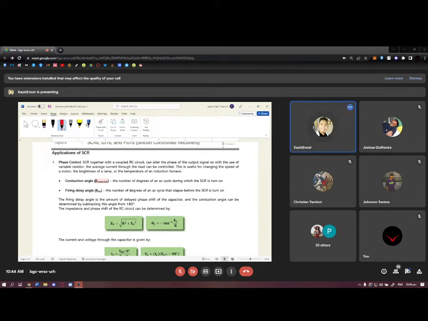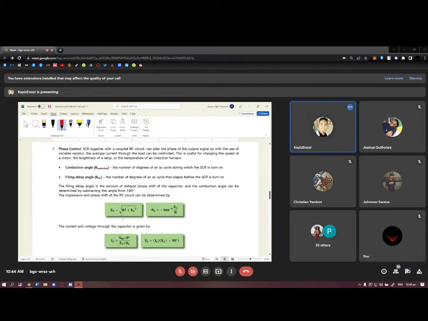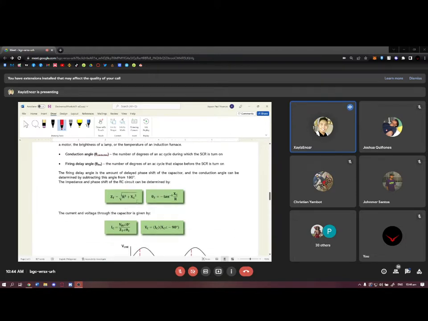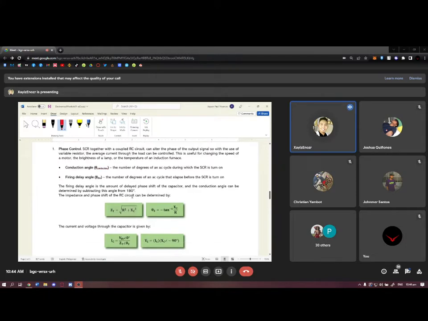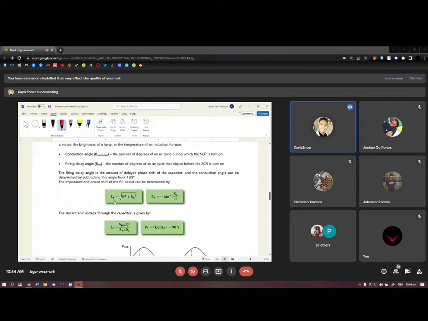Kung natandaan nyo to sa AC, since SCR coupled with RC circuit, you need yung formulas natin for RC circuit. So total impedance for RC circuit, we have the square root of R squared plus XC squared. So that is the total impedance.